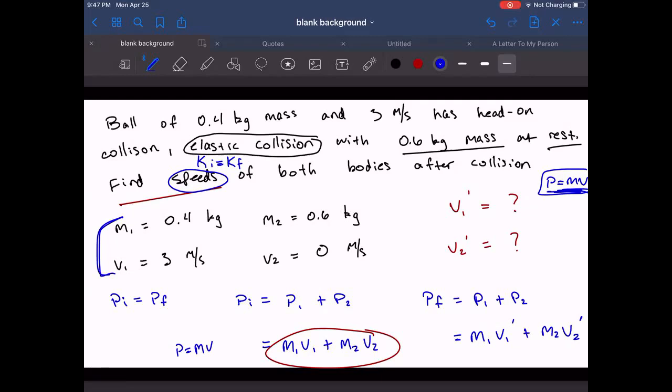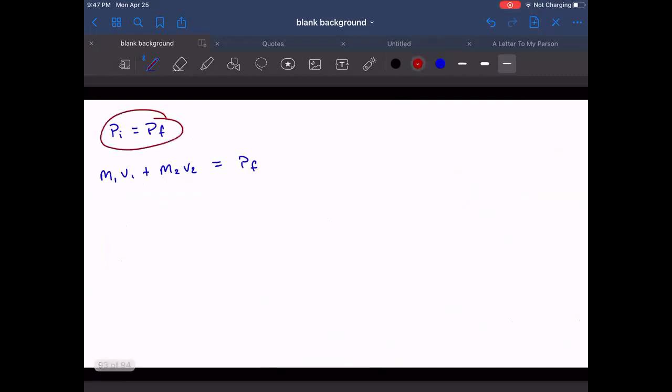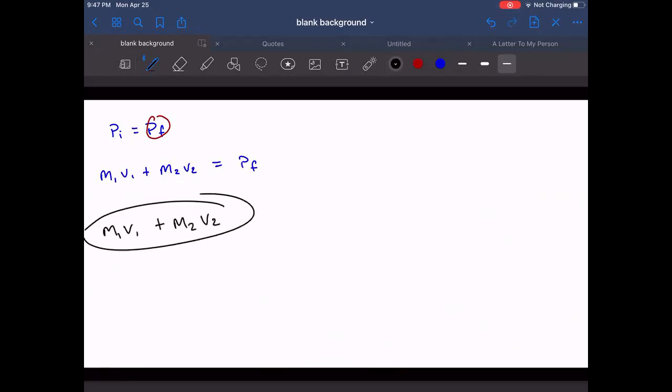So again, go through it. You've got to start with conservation of momentum. And then I said, okay, what's the left-hand side, right? For those reasons that we just went through. And then I just did that. Now what's the right-hand side? Oh, it's PF. Well, what is PF? Well, it's what we just did. And so the final thing you get is this. This is the initial momentum of the system, PI, and guess what?